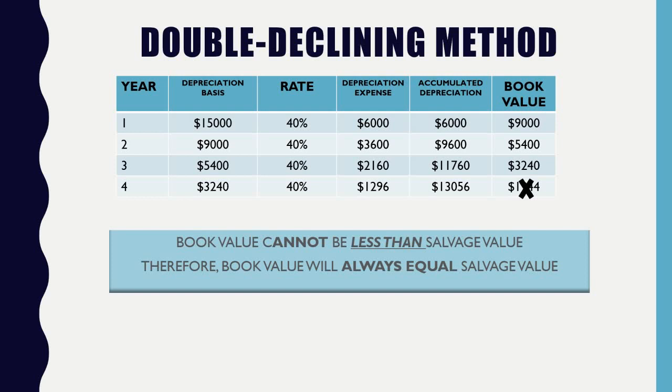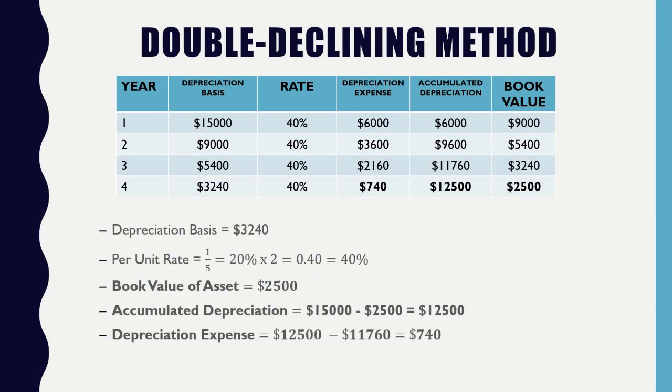salvage value. So therefore, what you're going to do is replace the book value with the salvage value. And when you do that, you're going to have to work backwards to solve for what the depreciation expense is supposed to be.